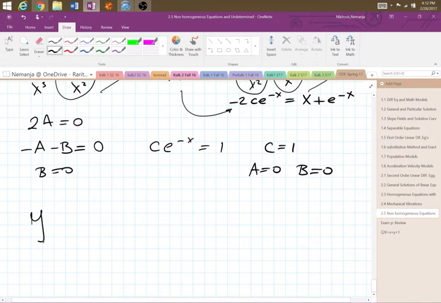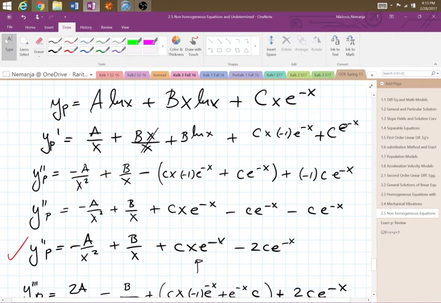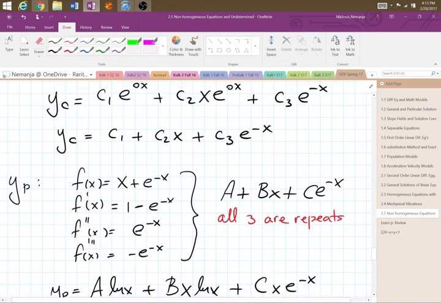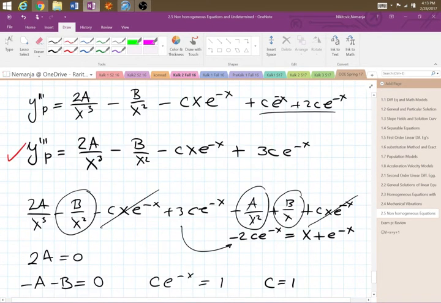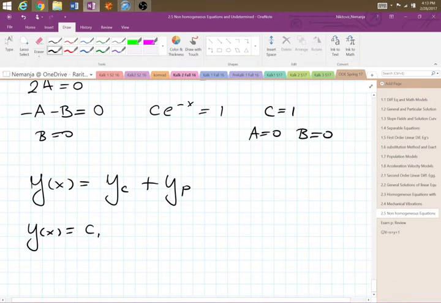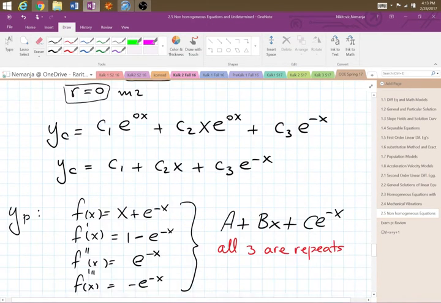So the general solution is the complementary solution plus the particular solution. The complementary solution from five pages ago was C1 plus C2x plus C3 e to the minus x, I hope. Yep.